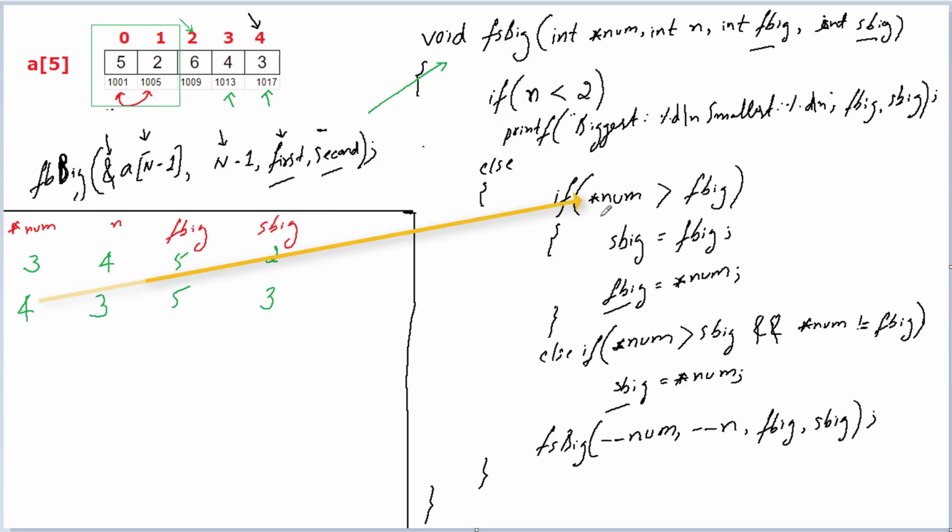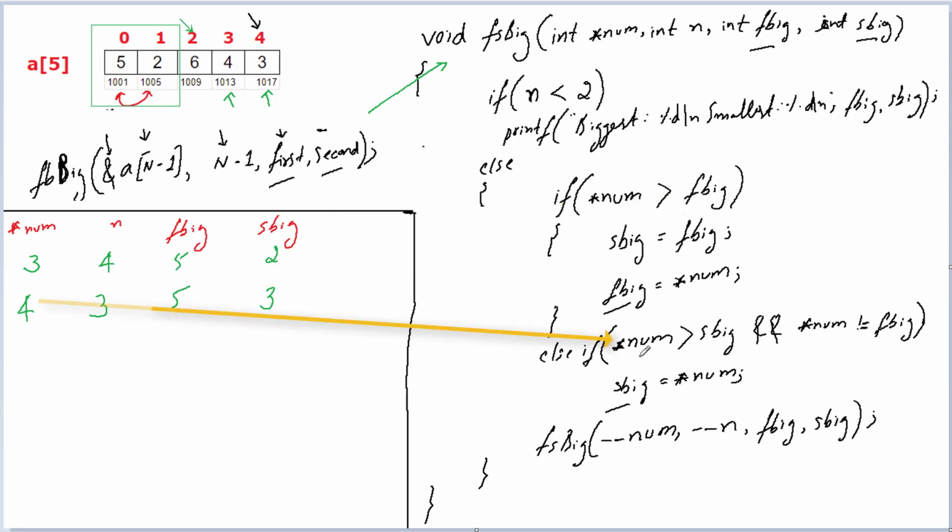Okay, so else block code. 4 is greater than 5, no. So else if 4 is greater than 3, yes, right, and 4 is not equal to f big. So the code inside this else if block gets executed, that is star num is transferred to s big. Now decrement the value of num by 1, it has 6 there. Minus minus n is 3 minus 1 is 2. F big value remains the same.